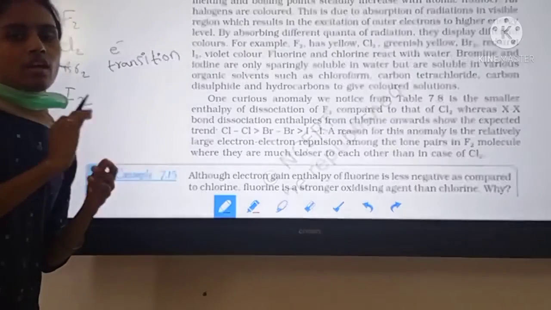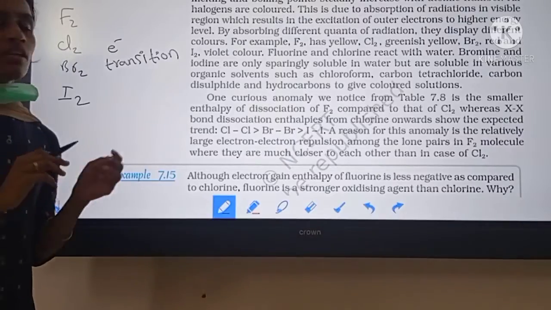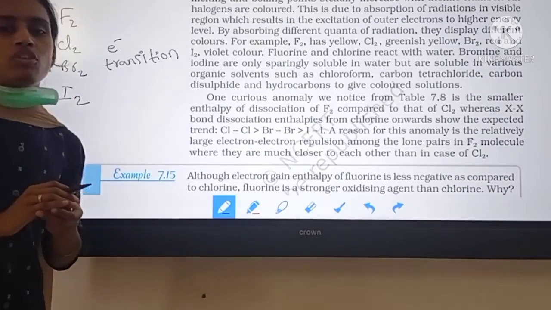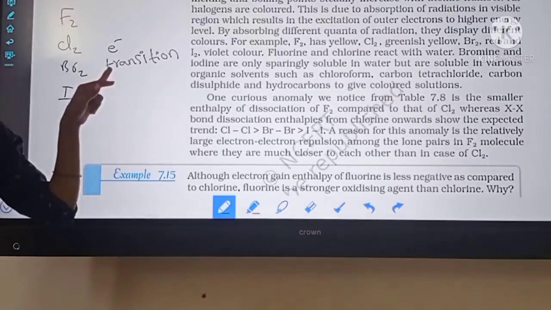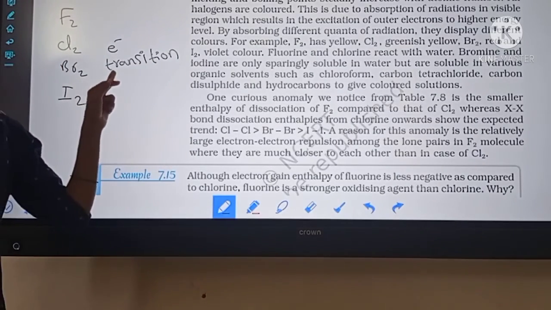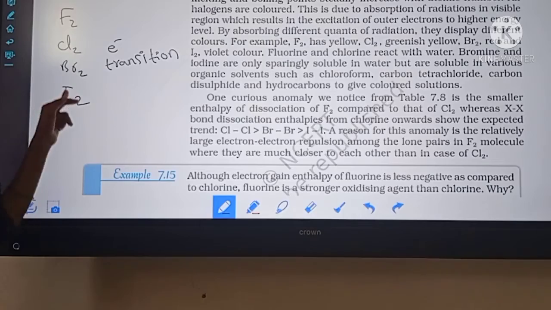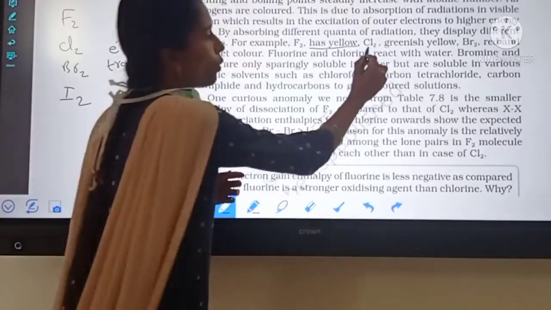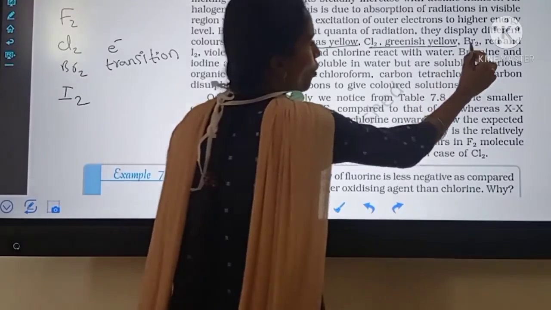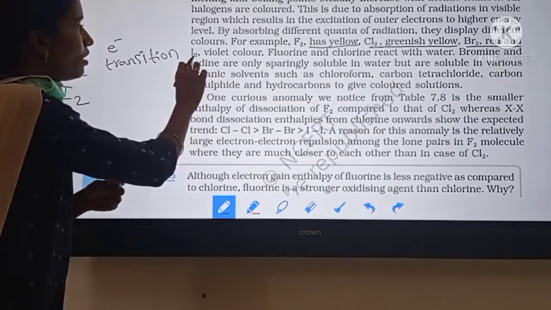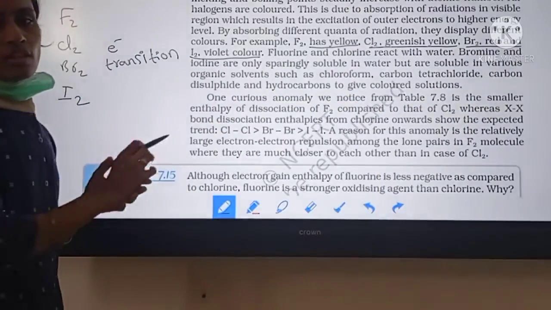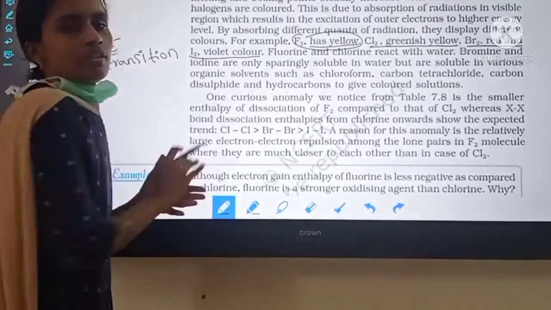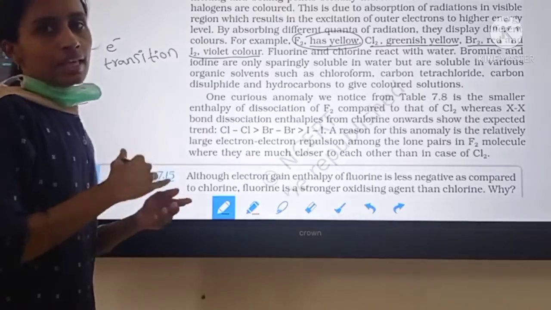Due to this excitation and de-excitation, they absorb energy in the visible region and emit visible light. That's why we see the colors of these halogens. Fluorine is yellow, chlorine is greenish yellow, bromine is red, and iodine is violet. These are the colors of halogens, and the color is due to electron excitation and de-excitation.